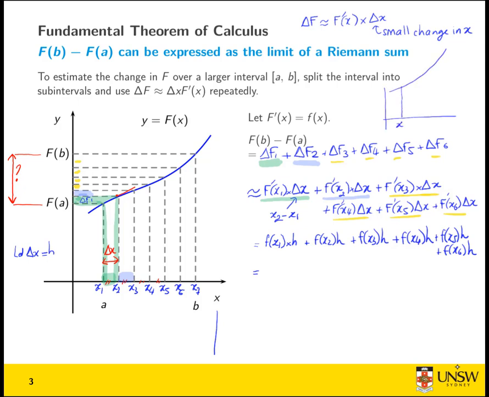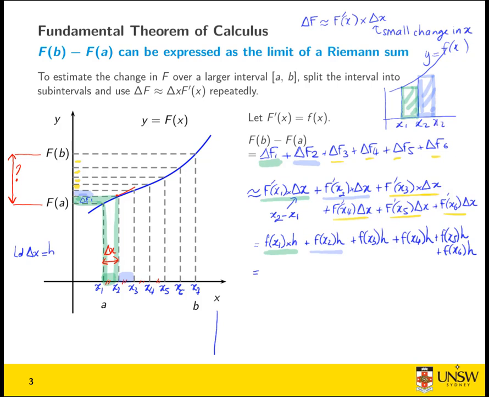If that's x1, and let's say that's x2, this first term here, h times f of x1, will be the area of that rectangle. And in that case, as I said, this is y equals little f of x. The second term will be f of x2 times h, that's f of x2. And we're going to be getting this second rectangle.